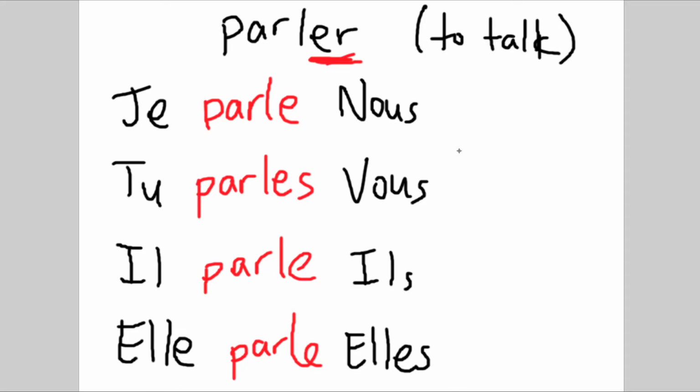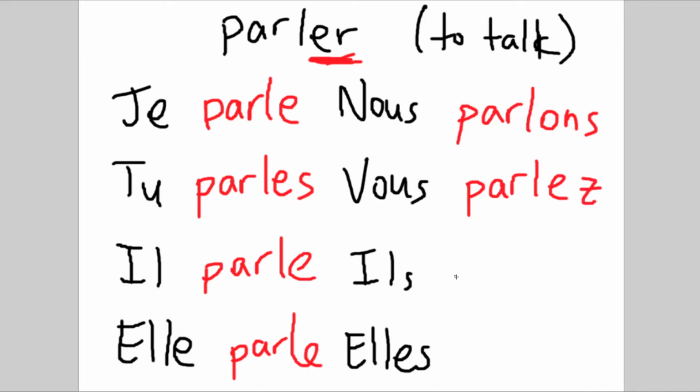And for nous, the usual ending is ONS. But in this case, if we were to just omit the R, we would have E and O together. That doesn't really sound that great, so we omit the E. Nous parlons, like that. And for vous, instead of O and S, it's EZ. So it would be vous parlez.